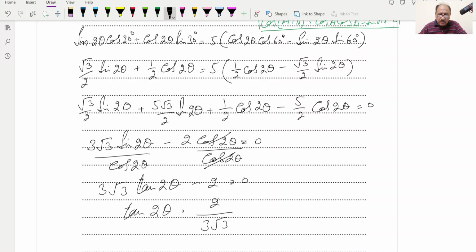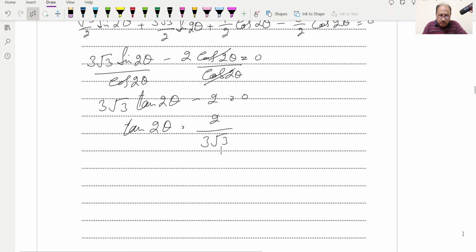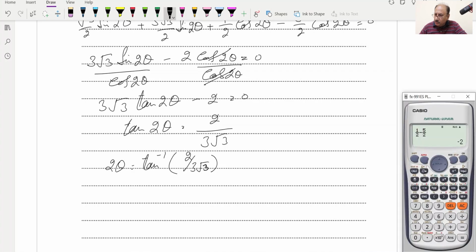Now we can write 2 theta is equal to tan inverse of 2 over 3 under root 3, and from this we can find the 2 theta value.